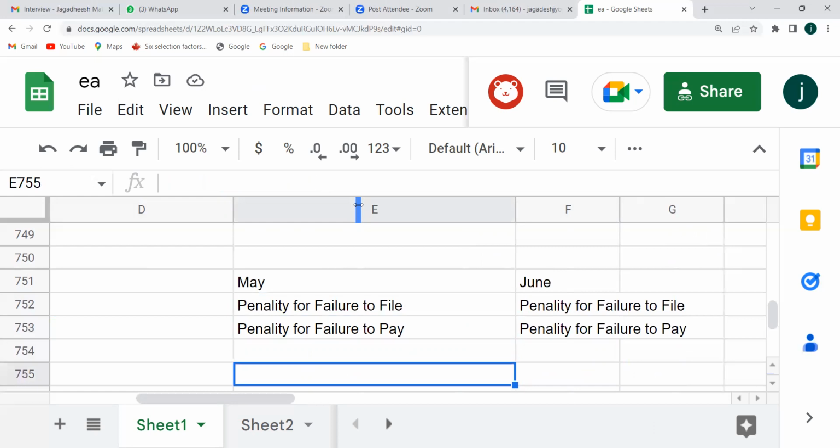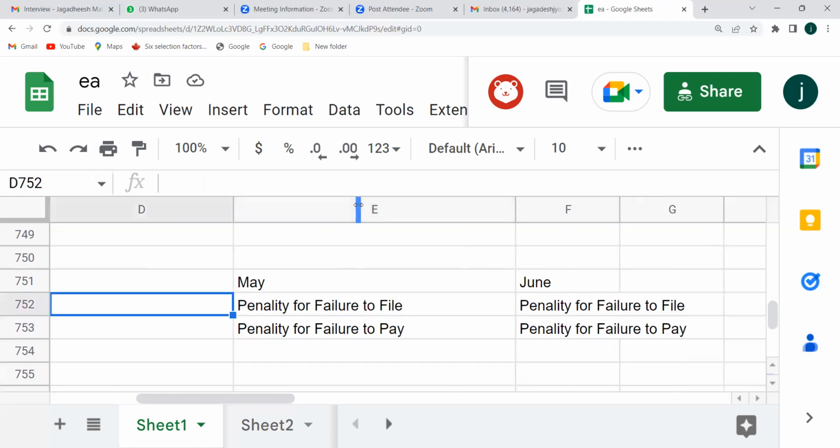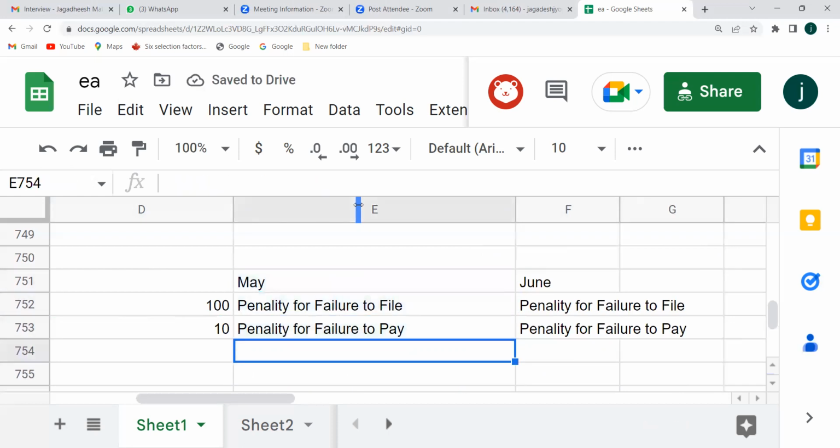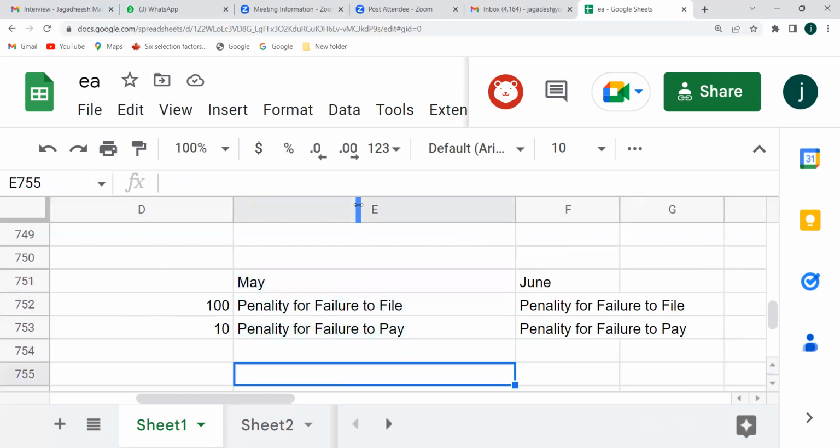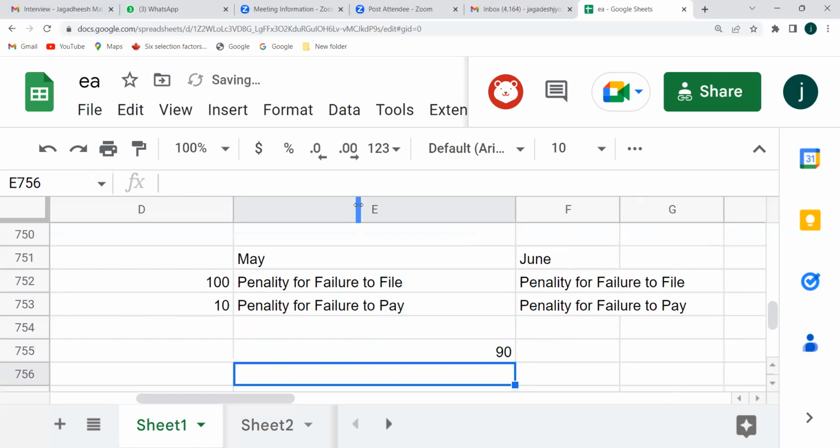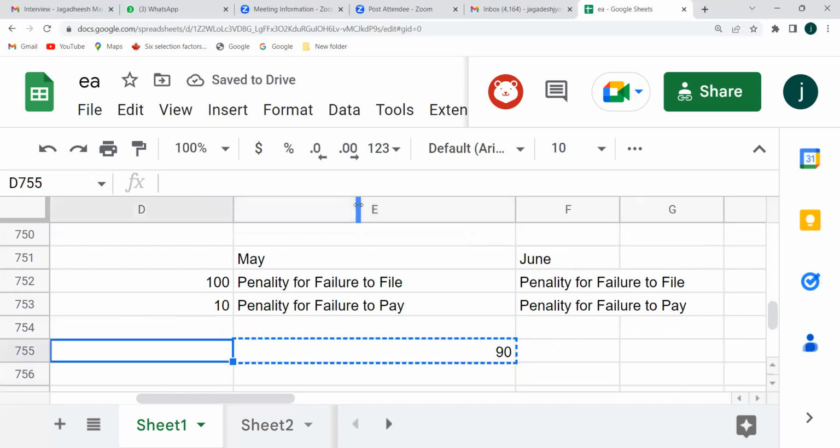Say for example here in the May month, $100 we need to pay for penalties for failure to file. And for failure to pay, $10. So in the May month, the penalty for filing will be 90 only. Instead of 100, we need to pay only 90.